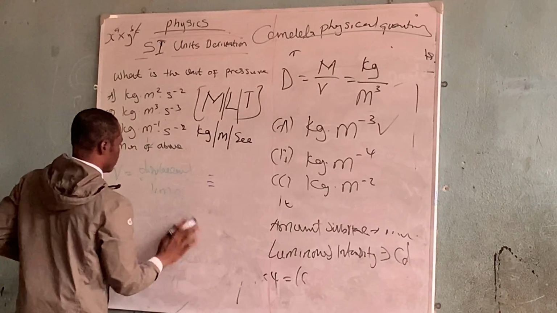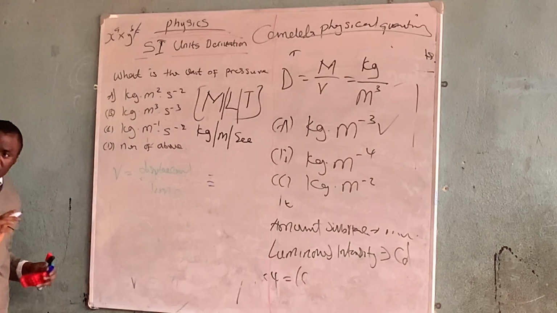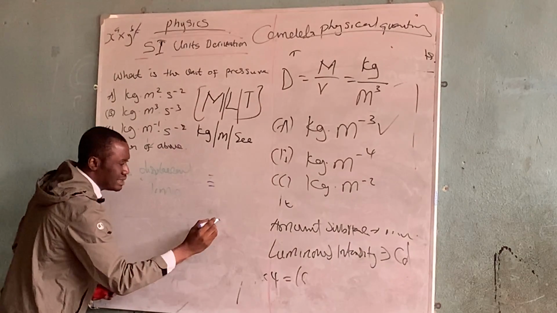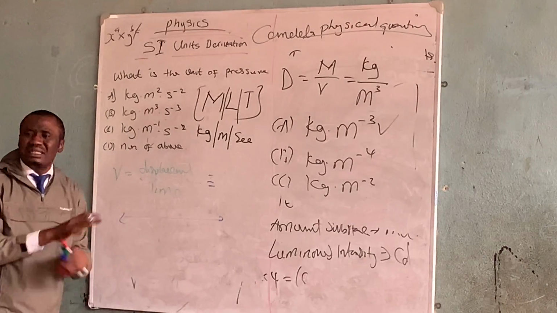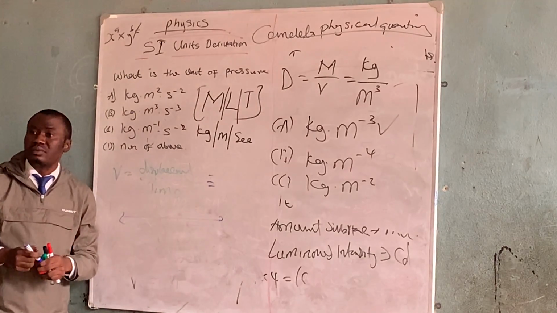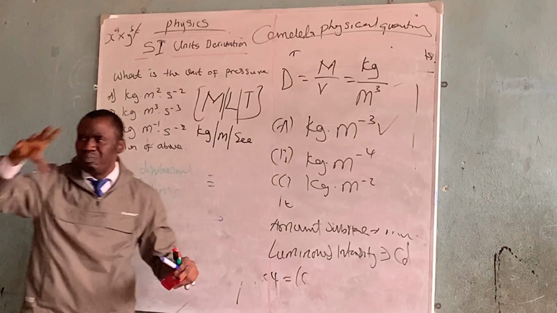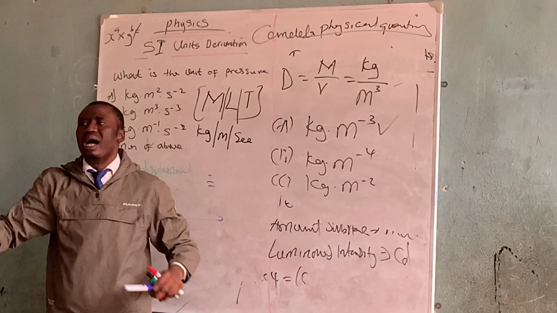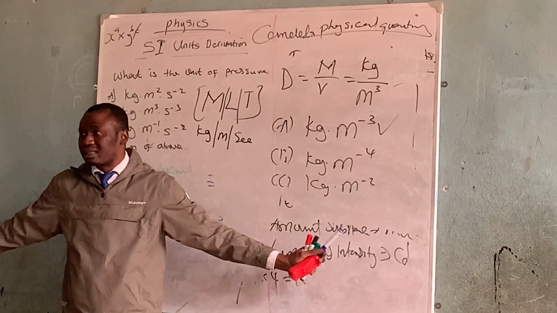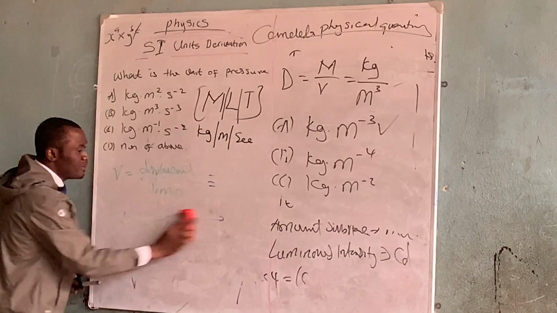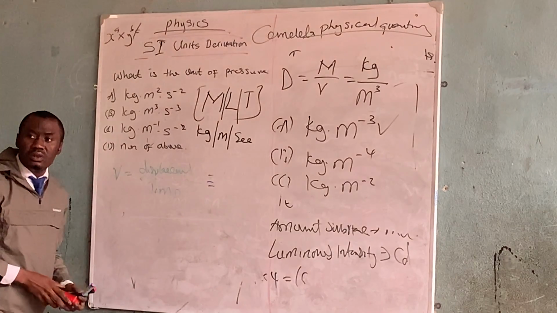Displacement, if you want to define it, let me put it in simple terms: displacement is change in position. What do I call it? Change in position. So let's not pick up English and grammar. Displacement is what? Change in position of a body.